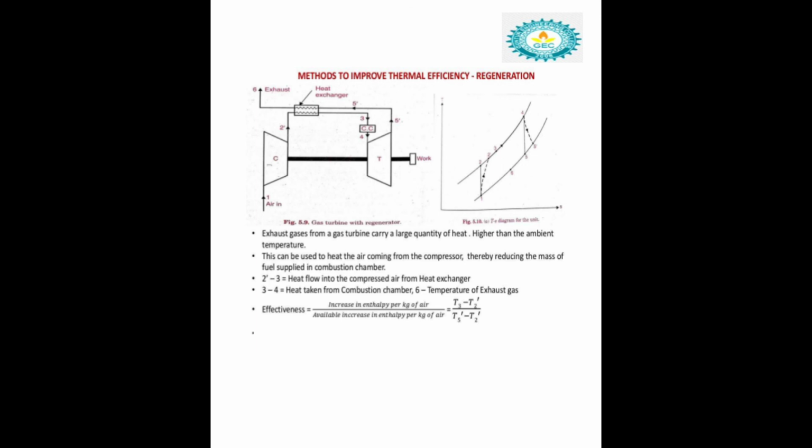The effectiveness of the heat exchanger is equal to the increase in enthalpy per kg of air divided by the available increase in enthalpy per kg of air. That is equal to (T3 minus T2') divided by (T5' minus T2'). Based on this temperature versus entropy diagram, we have to calculate.